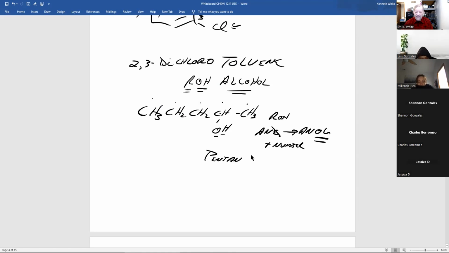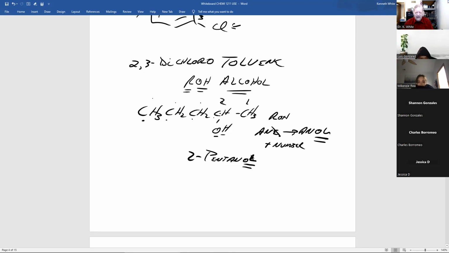So drop the E, replace it with OL, and this is now pentanol. You start from the end of the chain, that would be carbon 2. If I start from this side, 1, 2, 3, 4, which is smaller, 2 or 4? Times up. Hopefully you figured 2. So that is 2-pentanol.